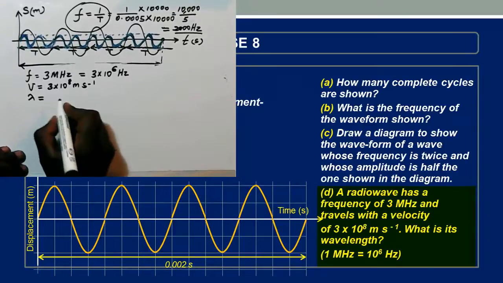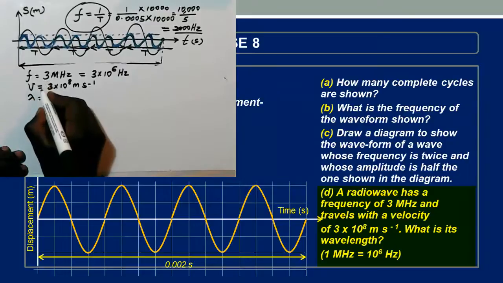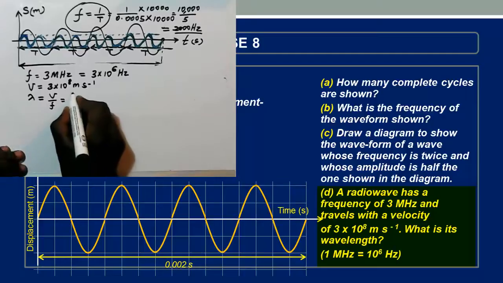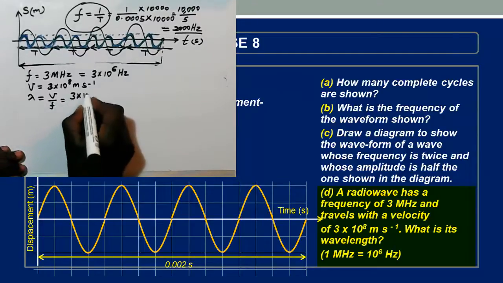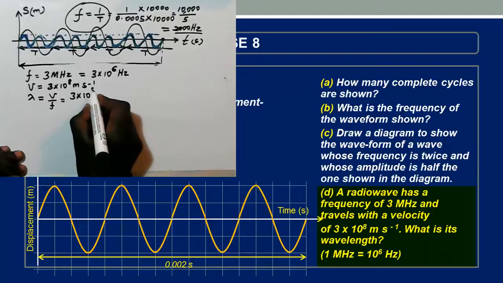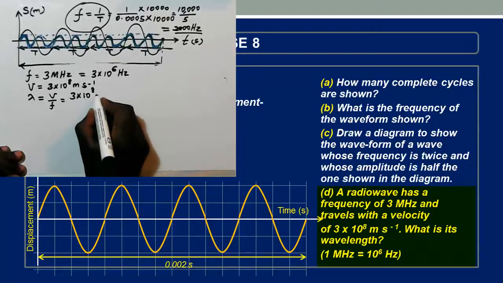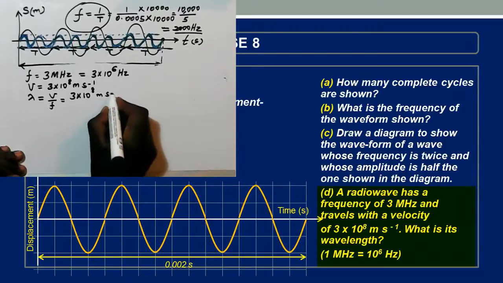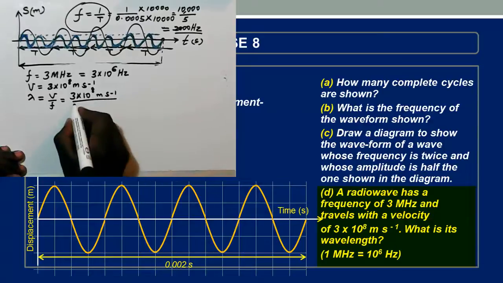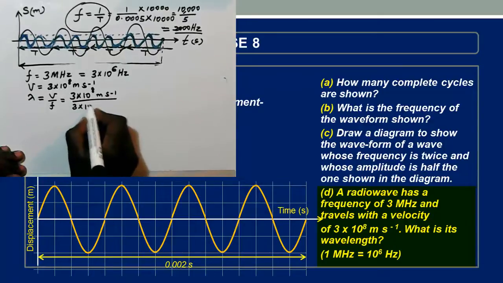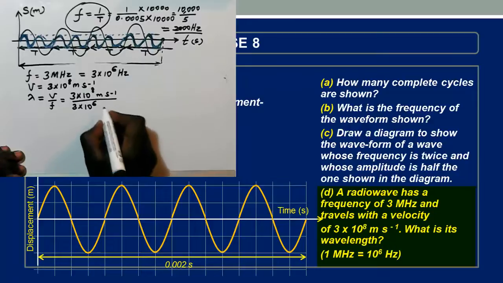So wavelength, the moment you are given the frequency and the speed, you can get the wavelength by dividing the speed by the frequency. It is just as simple as that. So 3 times 10 raised to power 8 meters per second divided by 3 times 10 raised to power 6 hertz, or per second.